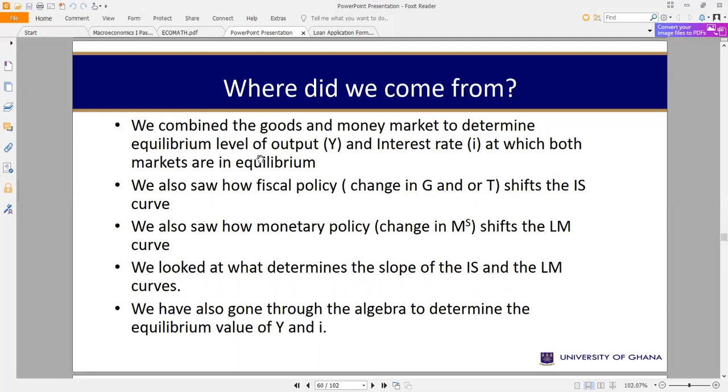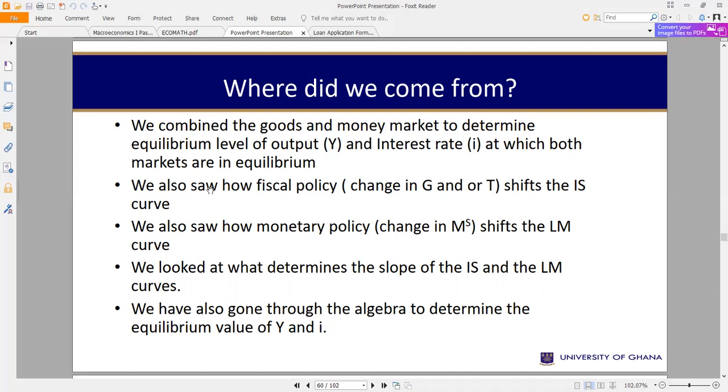And then for fiscal policies, we are talking about changing government expenditure and taxes. And we saw that whenever G changes or T changes, it affects the IS curve. The IS curve will shift either to the right or left, depending on the kind of change. And then we also saw that for monetary policy, we are talking about changes in the quantity of money, and that one shifts the LM curve.